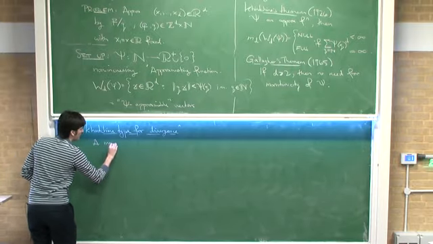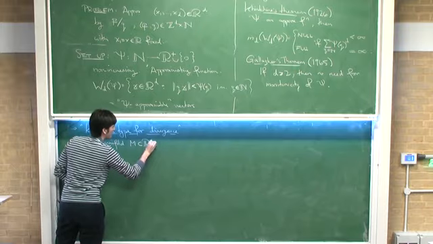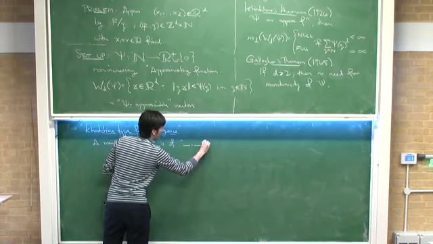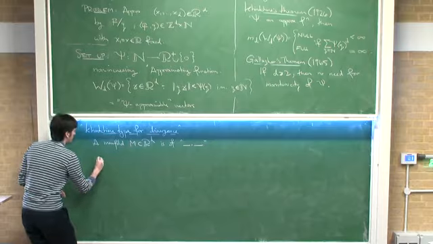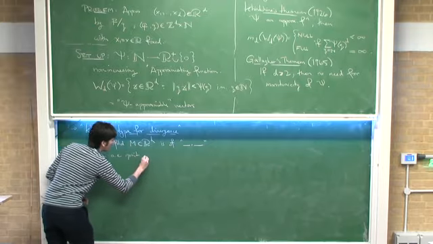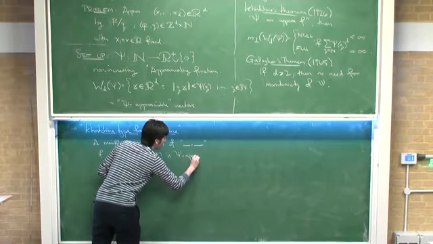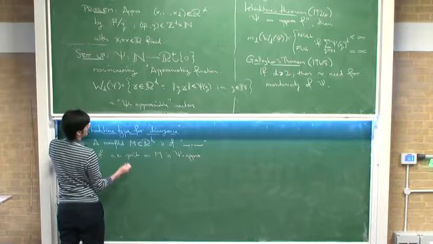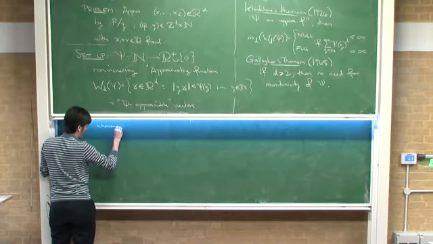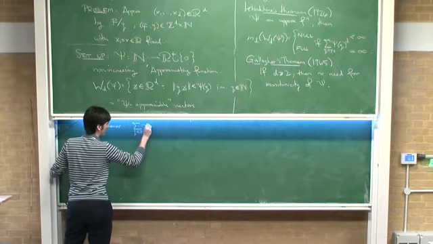A manifold in R^d is of Khintchine type for divergence if almost every point on that manifold is psi-approximable whenever this divergence condition from Khintchine's theorem is satisfied by that approximating function.